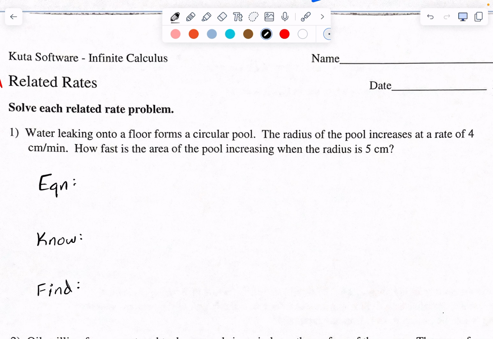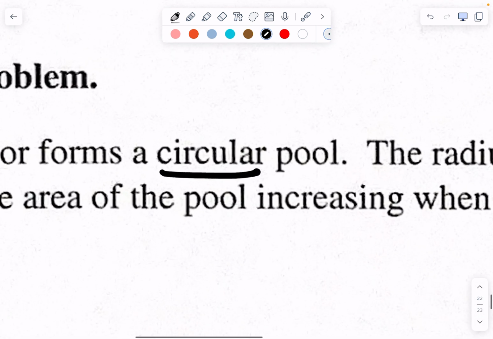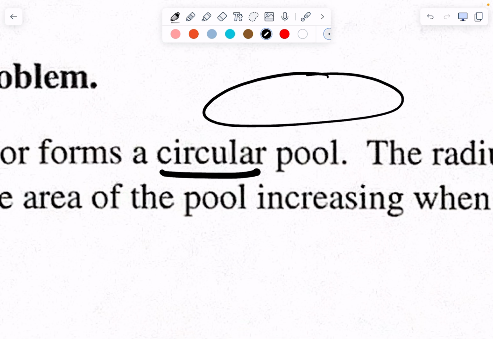Water is leaking onto a floor and it forms a circular pool. So I know I'm dealing with a circle. Technically, we're not going to get too into this, but if it's leaking out into a circular pool, it does have a thickness, like a cylinder with a really tiny height.